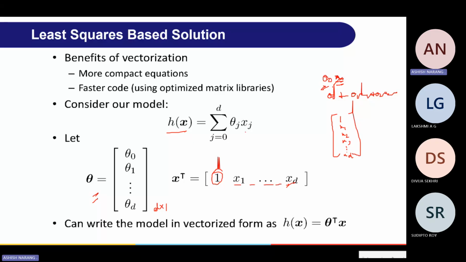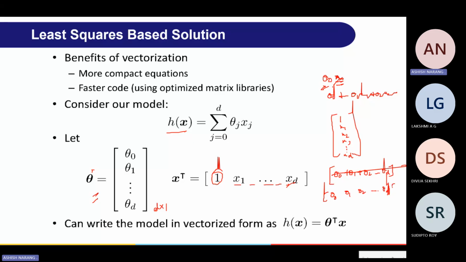If I take theta transpose, this will become theta 0, theta 1, theta 2 up to theta d.